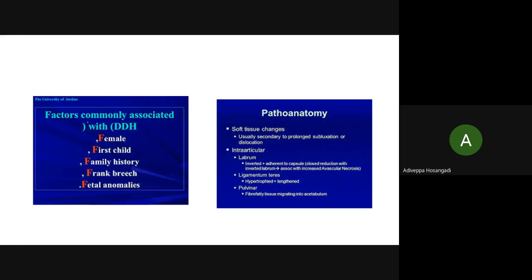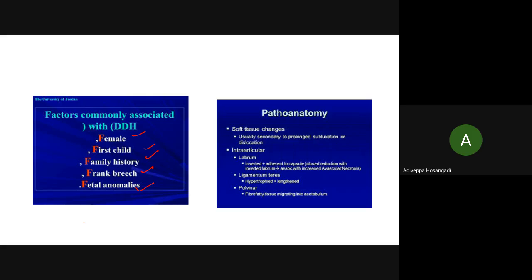Please remember, factors associated with DDH are female child, first child, family history, frank breech, and anatomical anomalies like CTEV and spina bifida. So please remember: female, first child, family history, frank breech, fetal abnormalities.